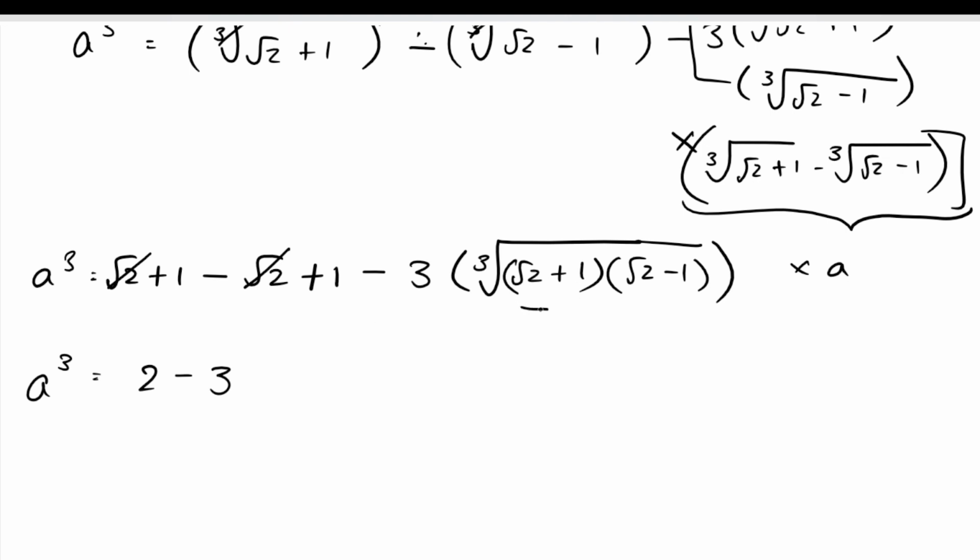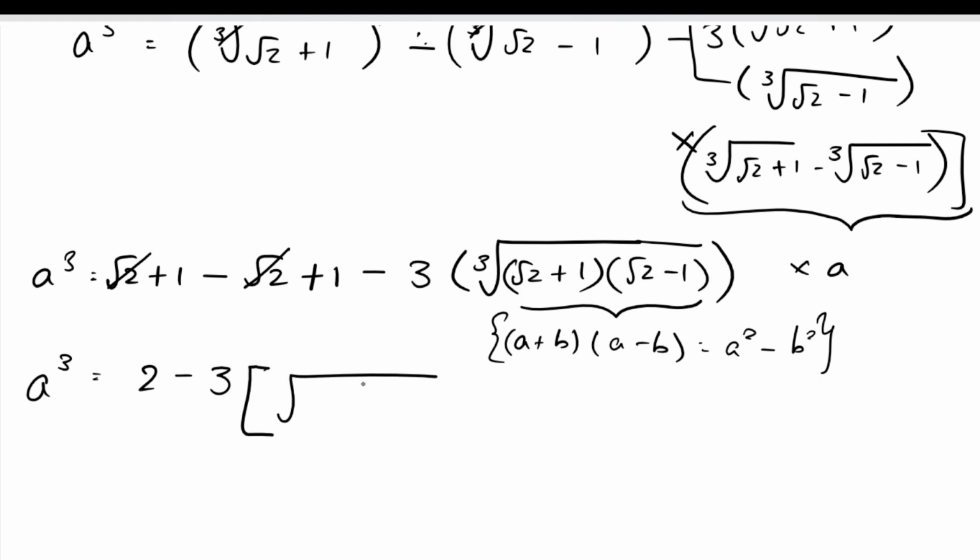Here inside the bracket, you'll see this is of the form a plus b into a minus b, which is equal to a square minus b square. So applying the formula here, I'll get 3 into cube root of a square. A square is root 2 square minus b square is 1 into a.